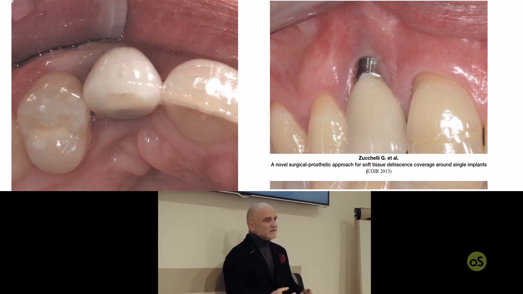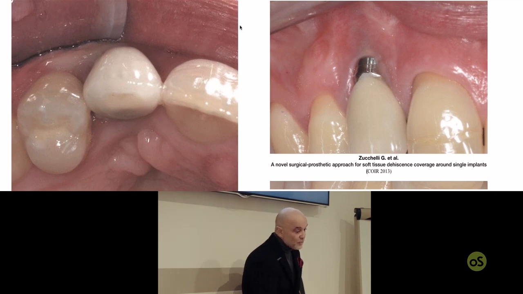And the reason why this gingival recession occurs is that if the implant is placed outside, the crown is even more buccal.